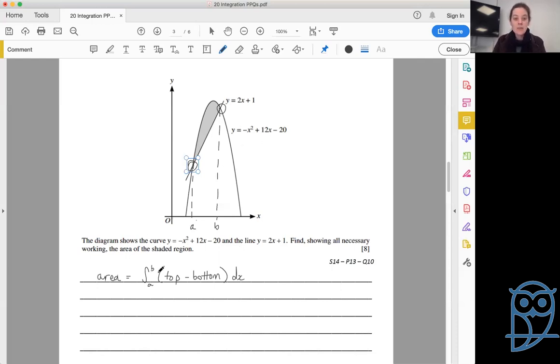So the first thing we get to that's a problem in our lives already is what are our limits? So the first thing we need to do is find them. Limits are the two intersections. Intersections we always do by simultaneous equations. Nothing has changed there.